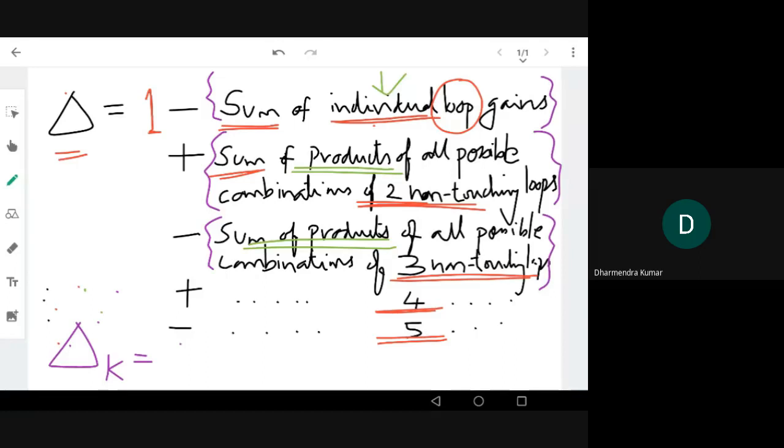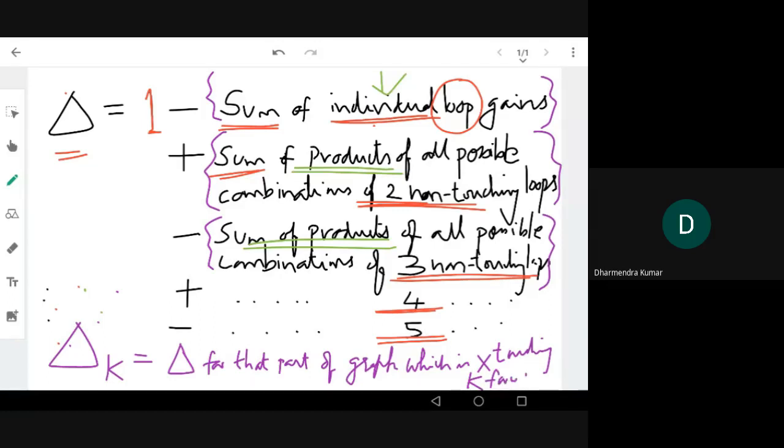Delta k is the delta, the same method, for that part of the graph which is not touching the kth forward path.